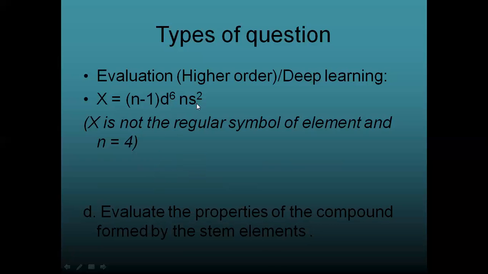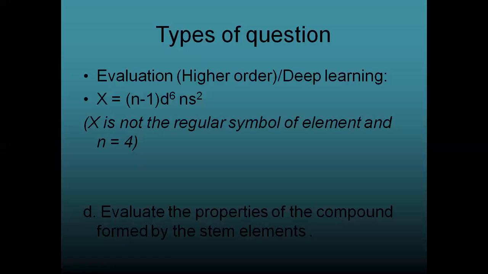There are different types of stem elements that may be given: X with (n-1)d6 ns2, or if it is Y, (n-1)d5 ns1. There are different types of atoms or elements which may be set.